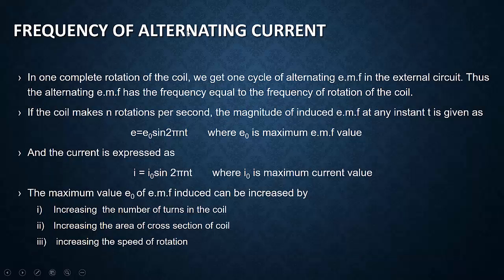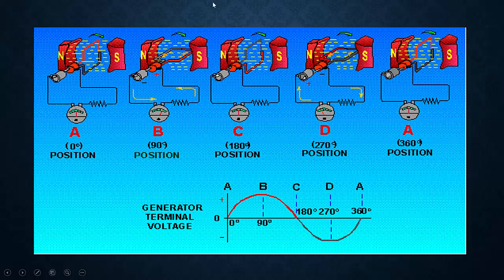Now, frequency of alternating current. In the previous figure we saw the induced voltage. How does it happen? Because it is directly proportional to the induced current. The current also flows in this direction: first it flows in the positive direction, and for the next half rotation it flows in the negative direction.